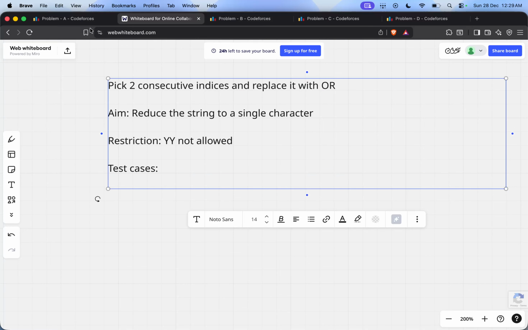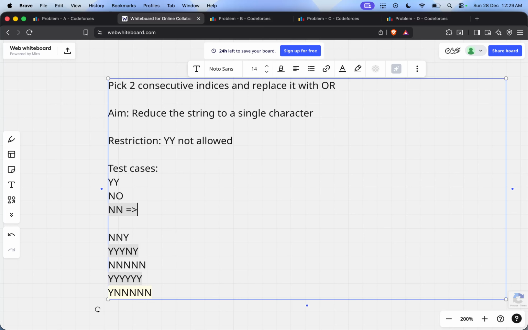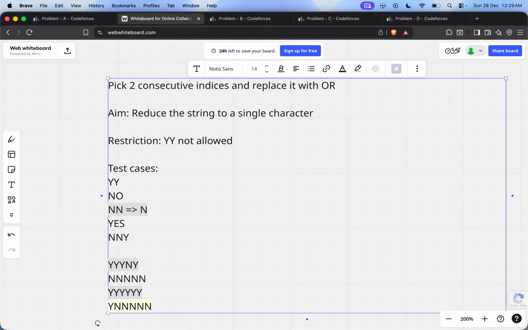That is why the answer is no. Now coming to the next string, we can pick up the only available substring, index 1 and index 2, and replace them with the OR, that is N. And this new string is a single-length string. So the answer is yes, because we have reduced it to a single character.